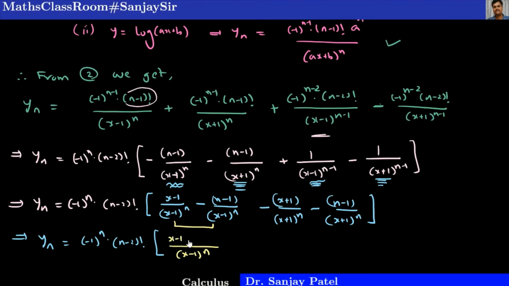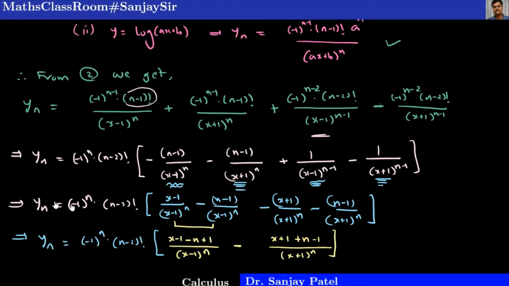So x minus 1 minus n plus 1, and here taking minus n common and LCM is x plus 1 raised to n. What we get in the numerator is x plus 1 minus n, or rather plus n minus 1, because we have a minus sign taken outside here, and then what remains is both with plus sign.